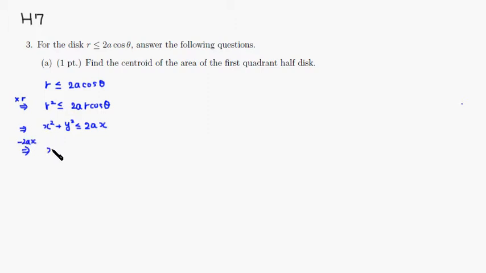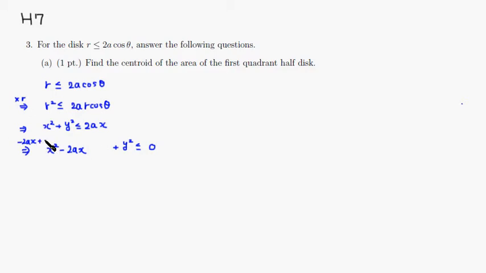So we have x squared minus 2ax, and I'm going to leave a little room here, plus y squared is less than or equal to 0. Now we can add a squared to both sides so that we can complete the square.